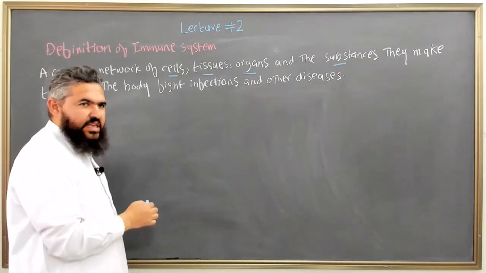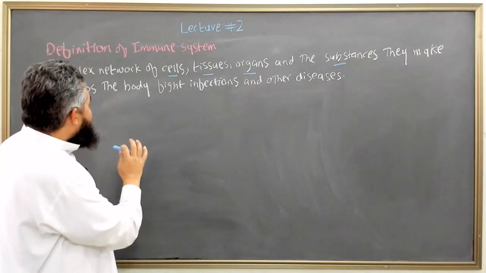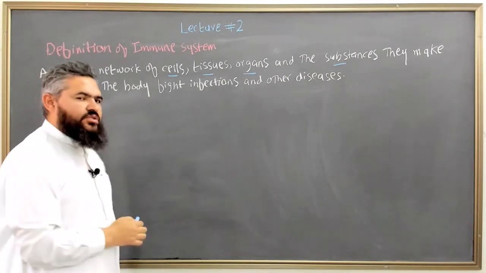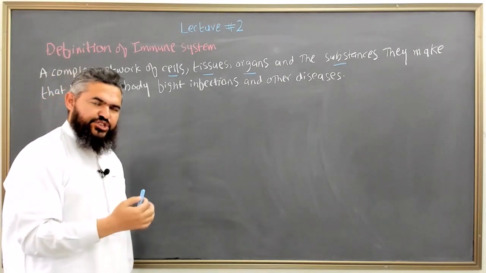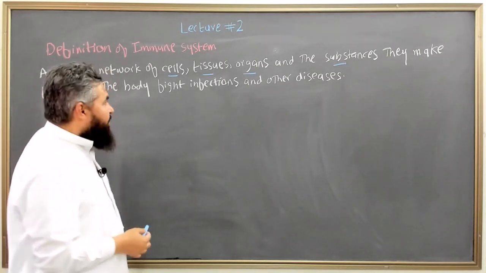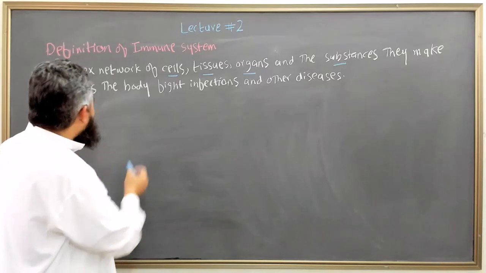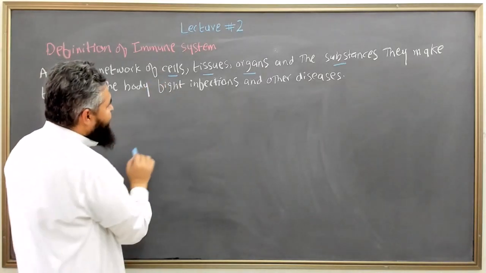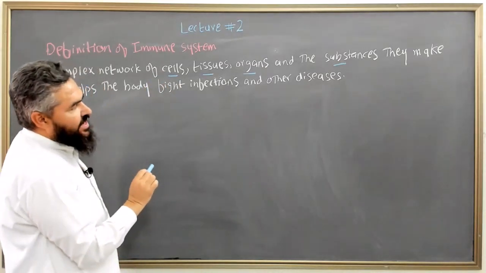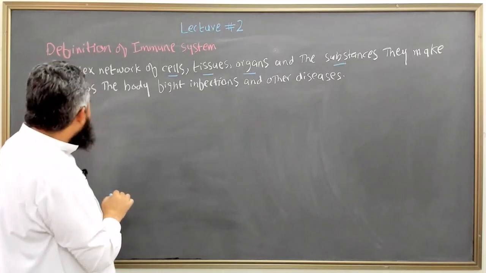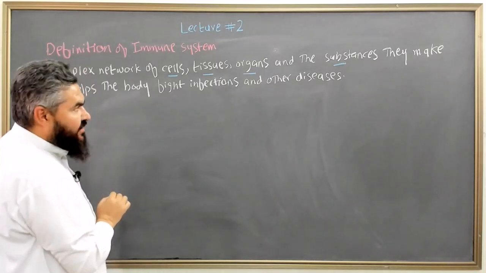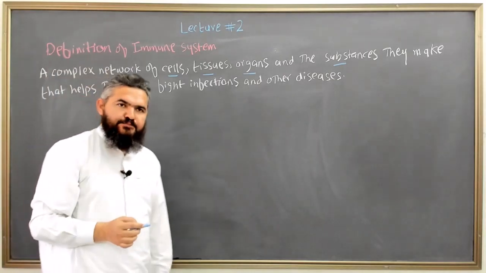This is one of the definitions that you are going to find in your textbooks or on the internet. So the immune system is a complex network of cells, tissues, organs, and the substances they make that help the body fight infections and other diseases.